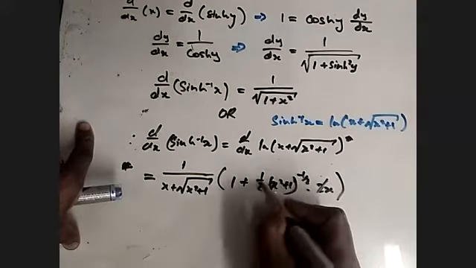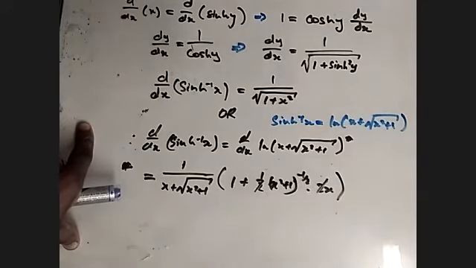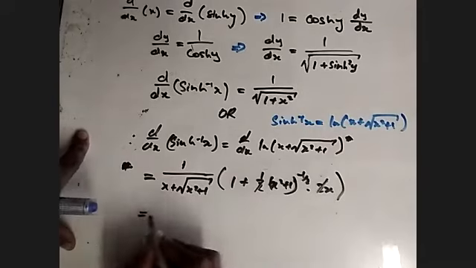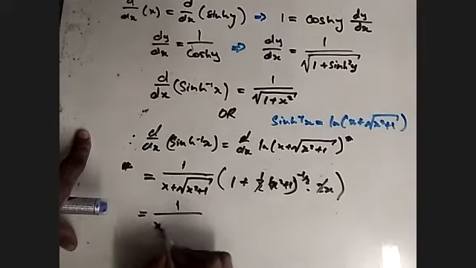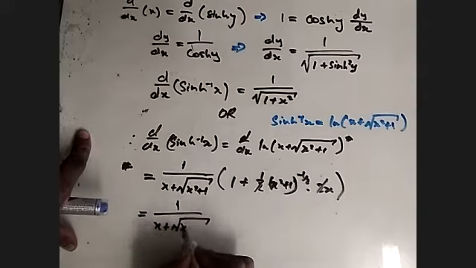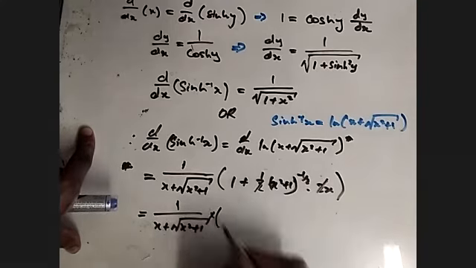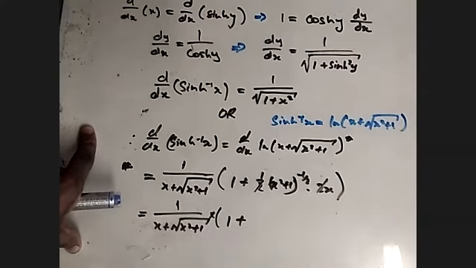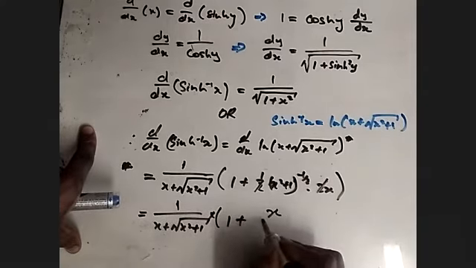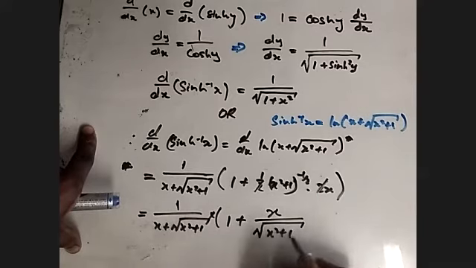And you can see that the 2 and the 2 will give us 1. And then we're going to have 1 over x plus the square root of x squared plus 1, and then it will be multiplied by 1 plus x all over the square root of x squared plus 1.